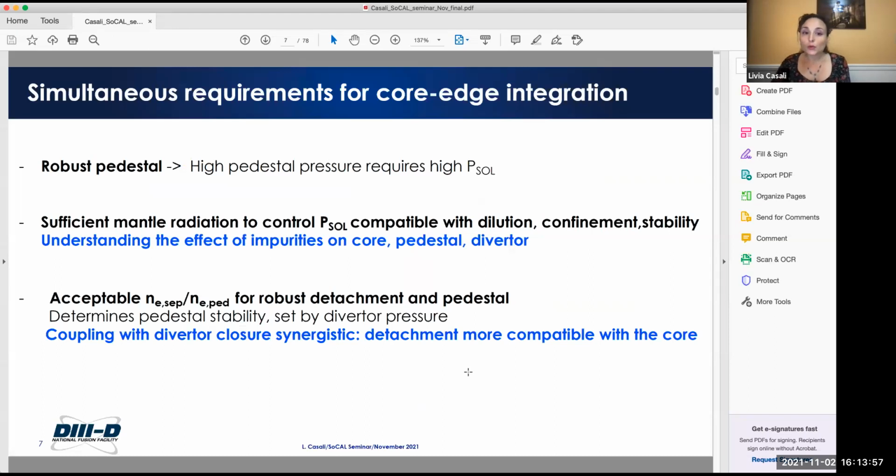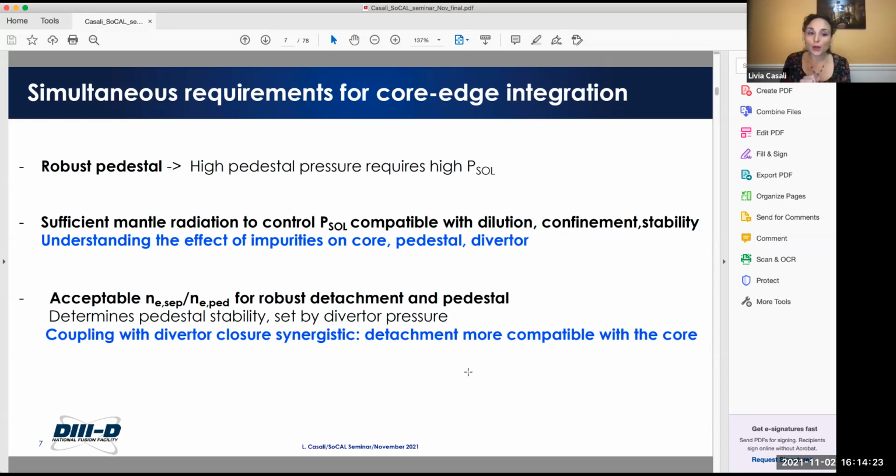The simultaneous requirements for core-edge integration are, first of all, we need a robust pedestal, so high pedestal pressure, which also requires high power crossing the scrape-off layer. But high power crossing the scrape-off layer also means that we need sufficient mantle radiation to control P_SOL.